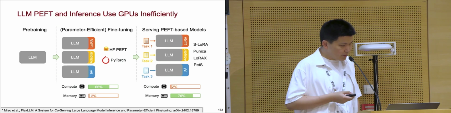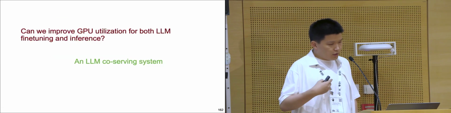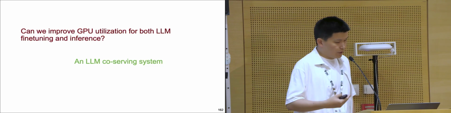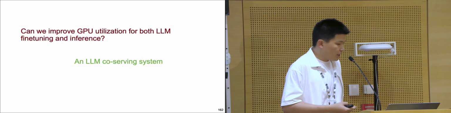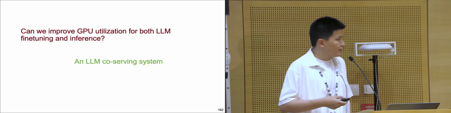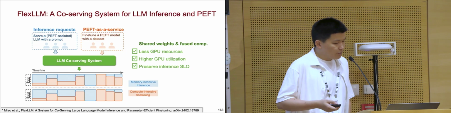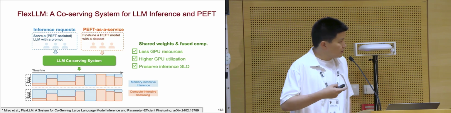The motivation is that today we have a lot of different frameworks for the whole language model life cycle. For example, for pre-training, we have Megatron and DeepSpeed. For parameter efficient fine-tuning, we have the Hugging Face PEFT library. We can also use PyTorch. But for serving, we have introduced a lot of related topics today.